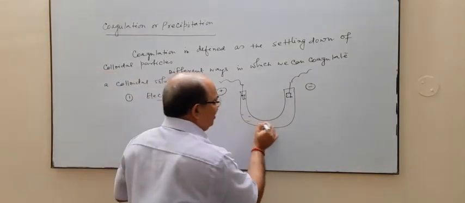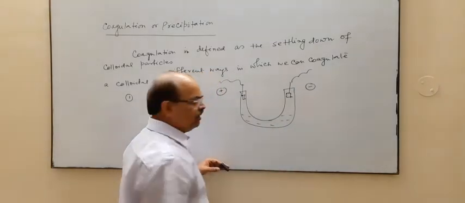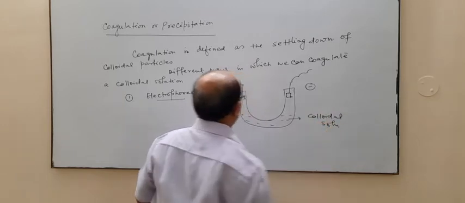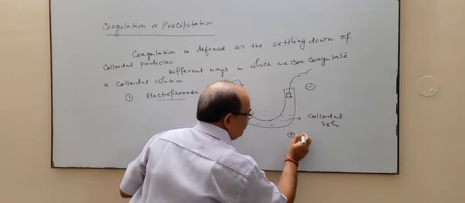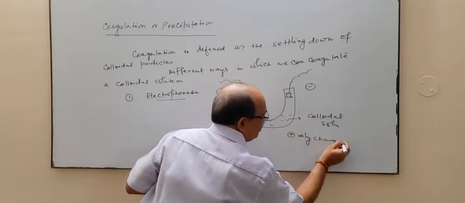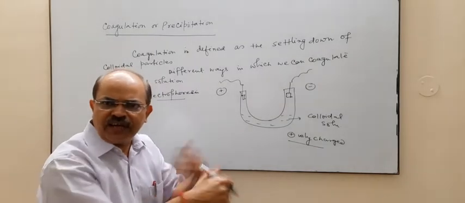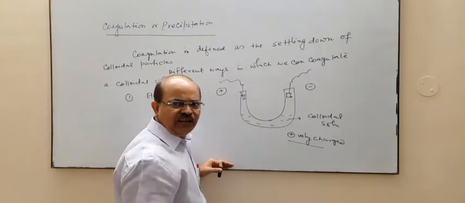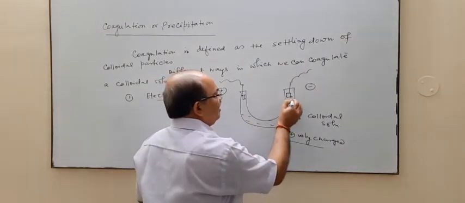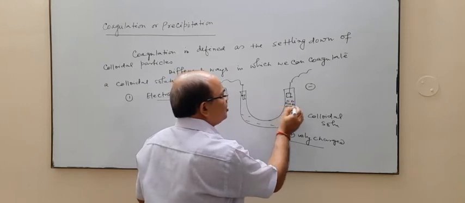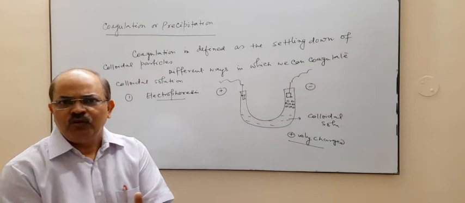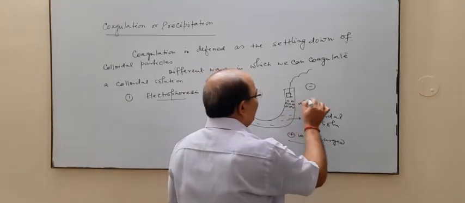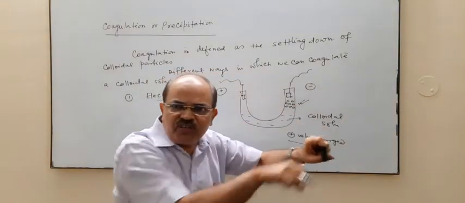Now, if we put a particular colloidal solution, and suppose this colloidal solution is positively charged, so obviously what happens? क्या होगा भाई? चूंकि ये colloidal particle आपका positively charged है, इसलिए ये जो colloidal particle हैं, they will collect near your negatively charged plate.